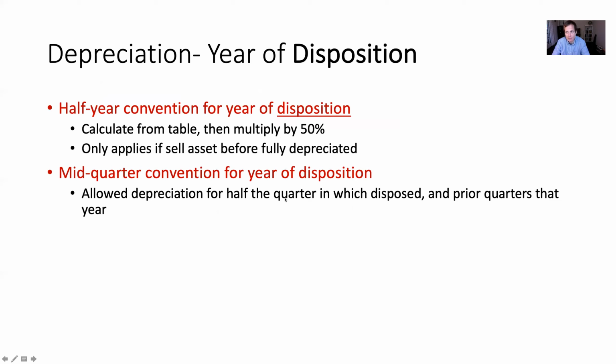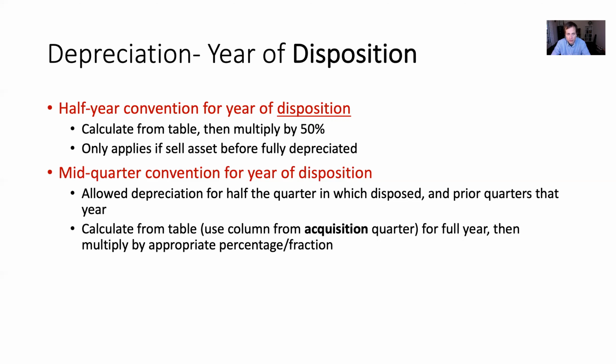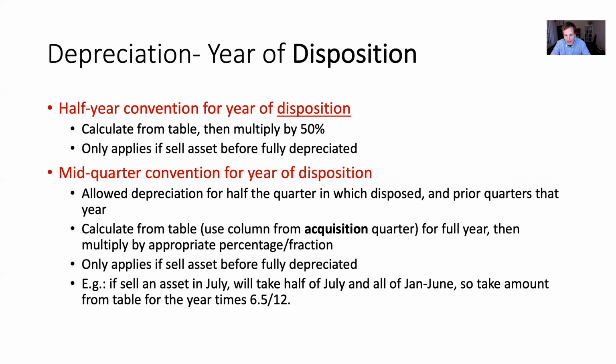I get half of the quarter that I sell it in, and then any quarters from the year before that, I get all of them. So if I sold an asset in July, before it was fully depreciated, I would get half of July and all of January through June. So I'd get 6.5 months out of 12.